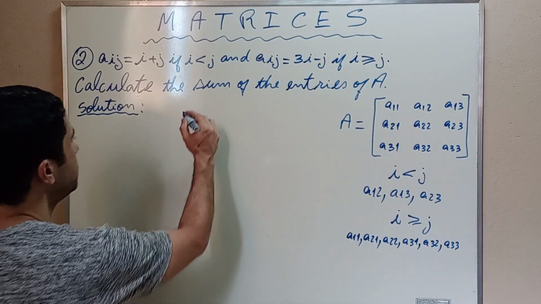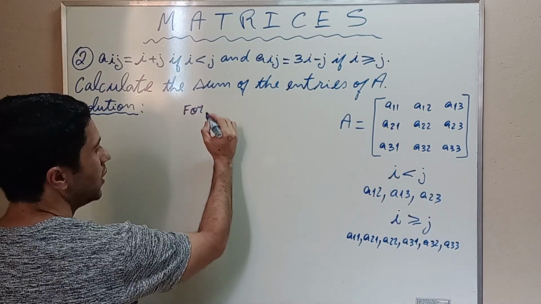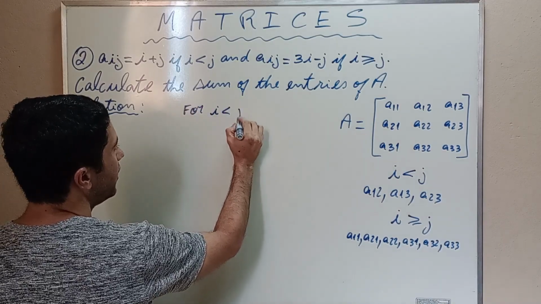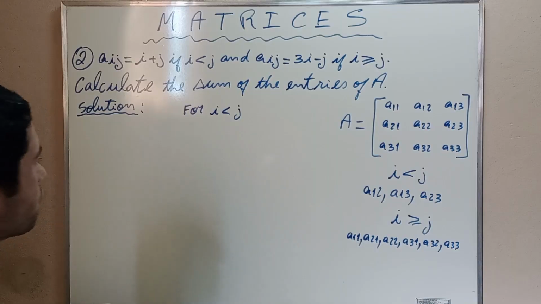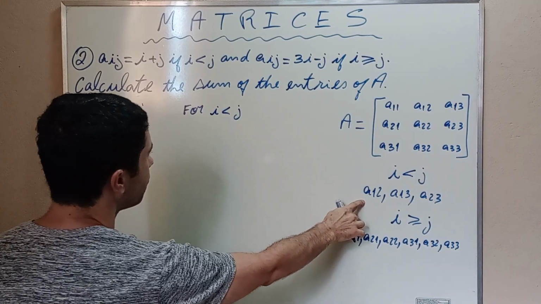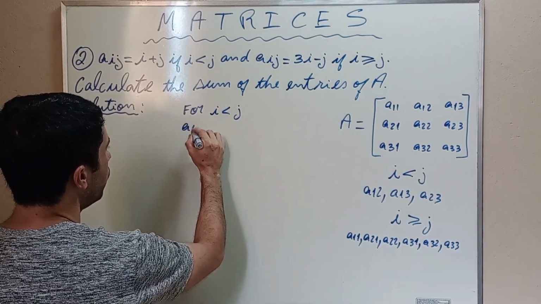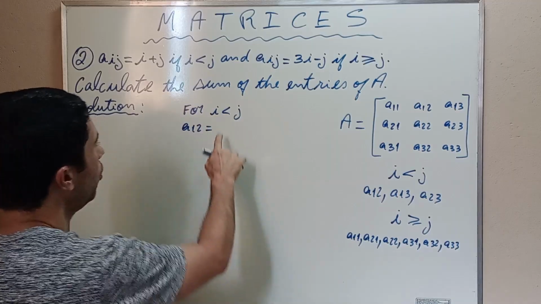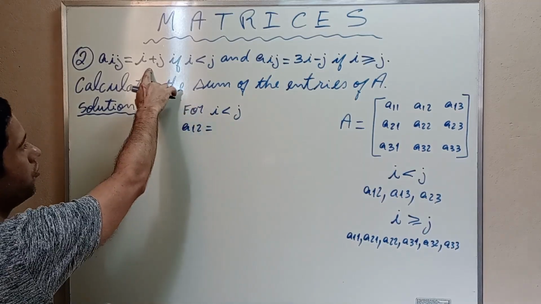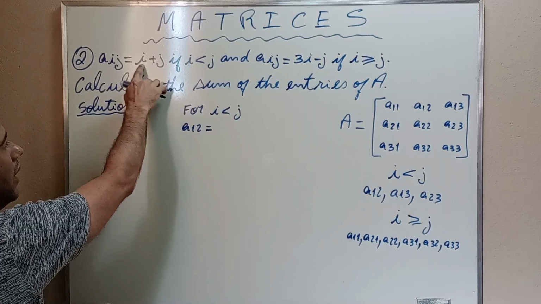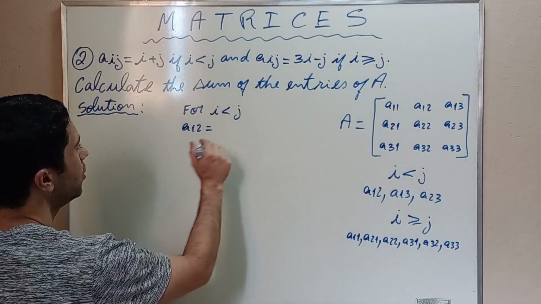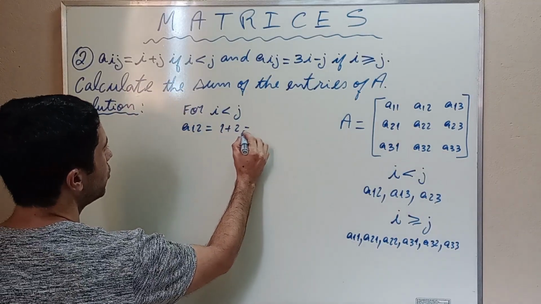Firstly, for i less than j. The first one is this. A12 will be equal to, when i is less than j, we use this rule of formation, i plus j. Then it is 1 plus 2 equal to 3.